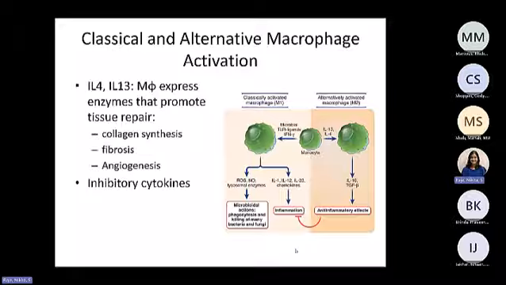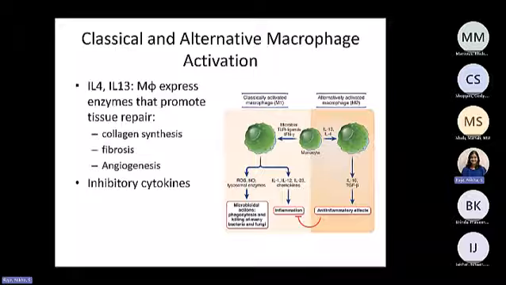All right, we talked about and mentioned this alternative macrophage activation. So we know that apart from the inflammation that macrophages can cause, as we see in the Th1 subset pathway, the macrophages, when activated by the Th2 subset, instead of doing the same thing and helping in phagocytosis, they help in collagen synthesis, fibrosis, and angiogenesis.